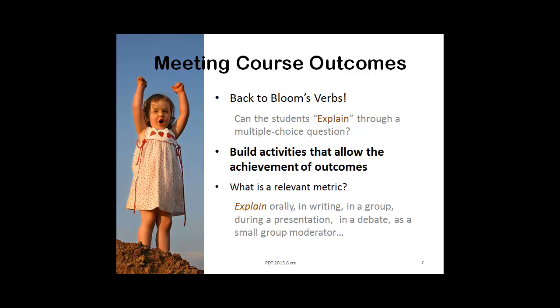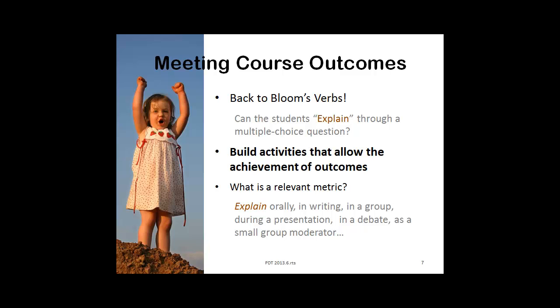There is no explanation there. I am recalling or I'm recognizing. I potentially could be evaluating perhaps, but I sure as heck am not explaining anything by selecting A, B, or C. So in your classroom, you need to build activities that are in their outcomes expressed in the same way that Bloom's verb tells you to do so.